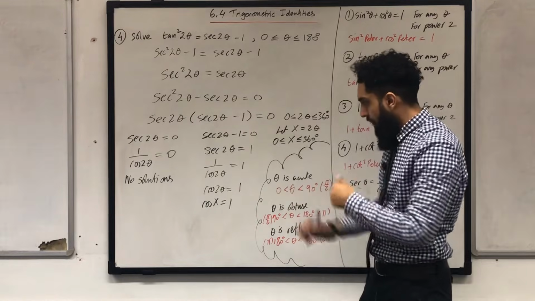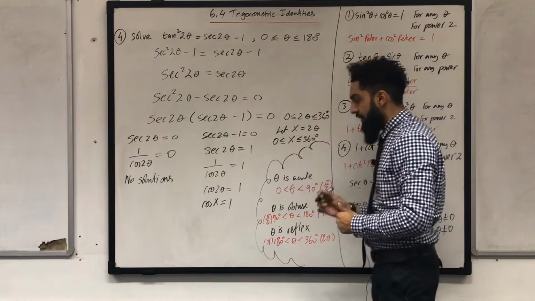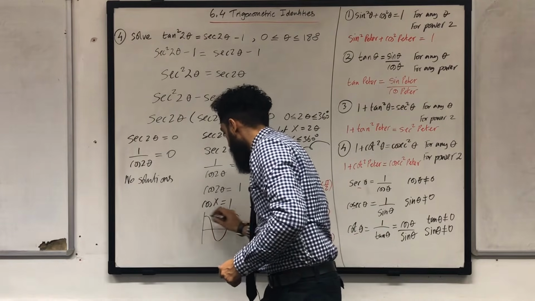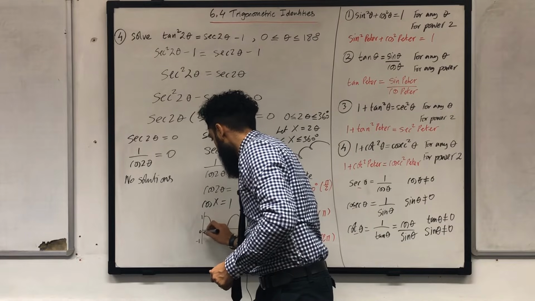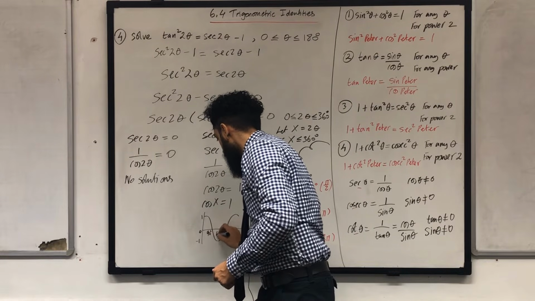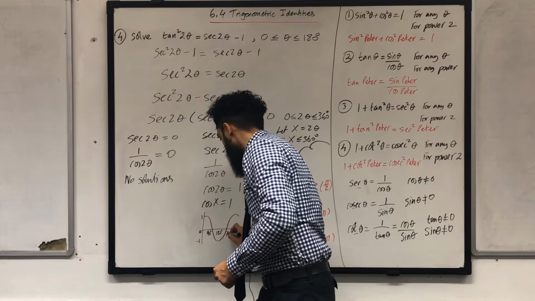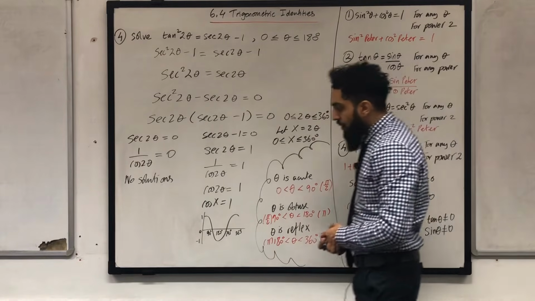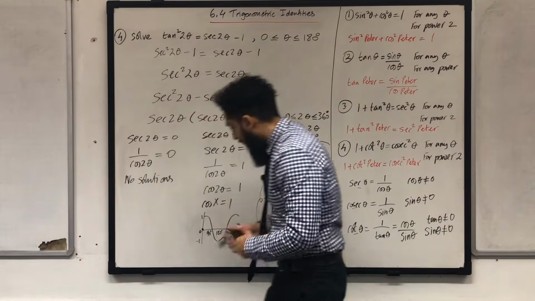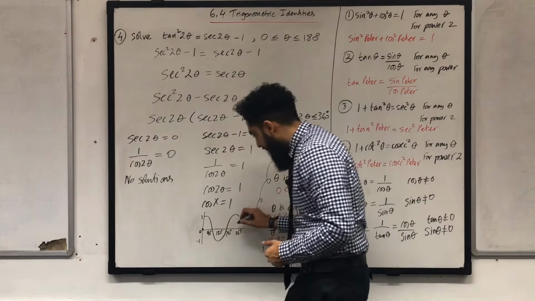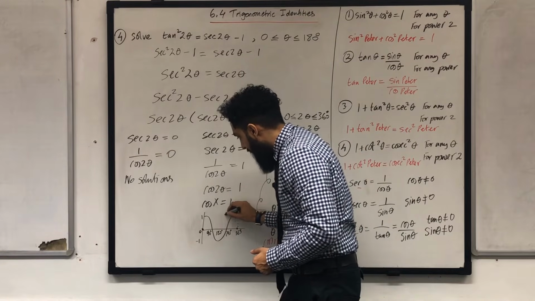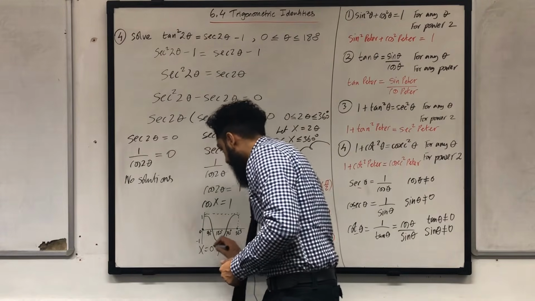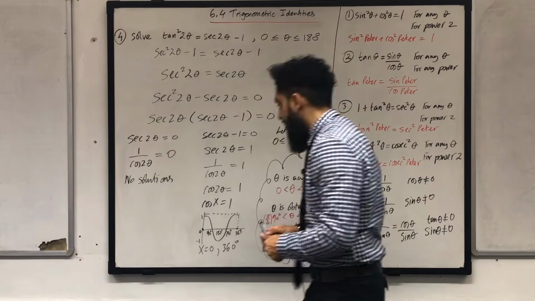So I'm going to draw the graph of cos x in this particular interval 0 to 360 degrees. Now looking at the graph, cos x is equal to 1 for x is equal to 0, and cos x is equal to 1 for x is equal to 360 degrees. Okay, so x is equal to 0, x is equal to 360 degrees.